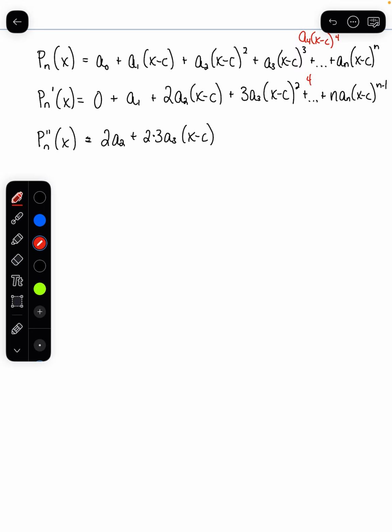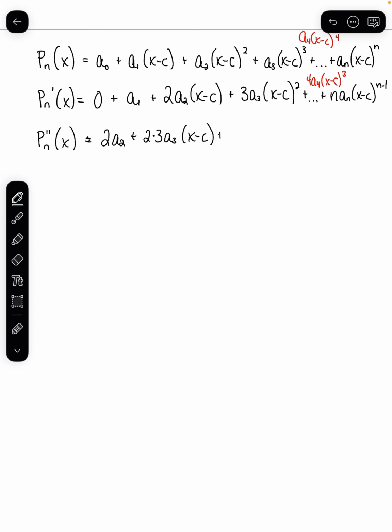In the first derivative, that would have become 4a sub 4 x minus c cubed, which means when we get to the second derivative, it should now be the 4a sub 4 that's already there, times the 3 that comes down in front, times x minus c with a power that has now dropped to 2. And if we continue this, we're going to have n a sub n times the n minus 1 that comes down in front, and then the power on this drops again to n minus 2.